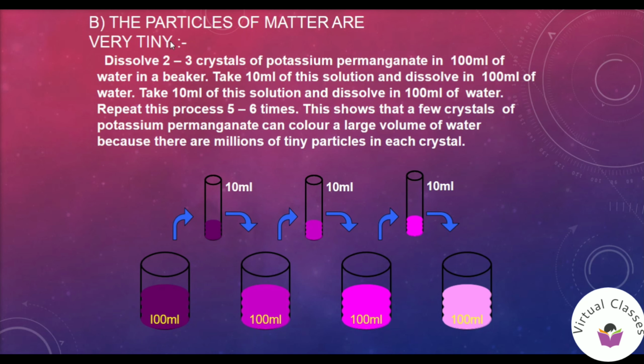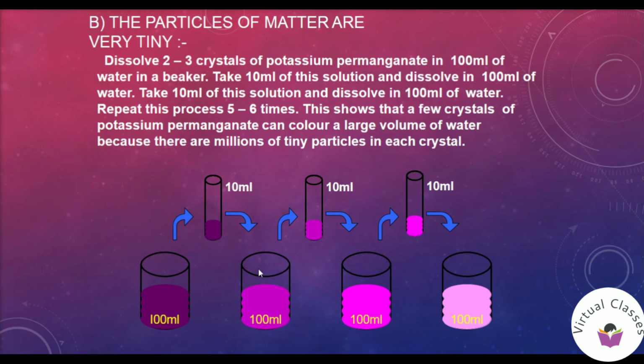Now, the second property is particles of matter are very tiny. For this, dissolve 2-3 crystals of potassium permanganate in 100 ml of water in a beaker. Take 10 ml of this solution and dissolve it in 100 ml water.